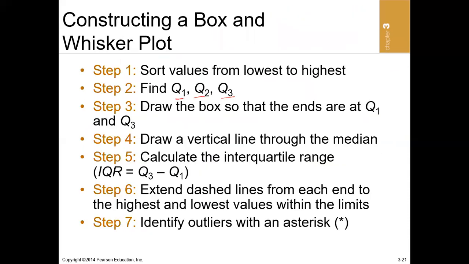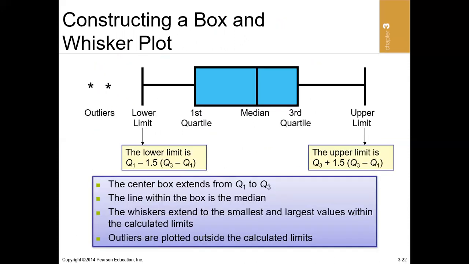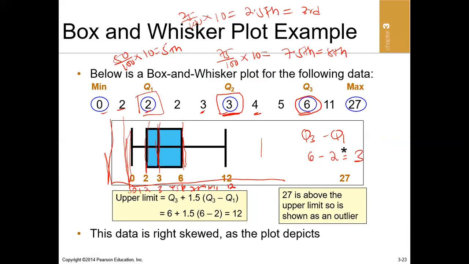The next step is to extend the dashed line from each end to the highest and the lowest values within the limit. Now, how do we compute the lower limit and the upper limit of this graph?